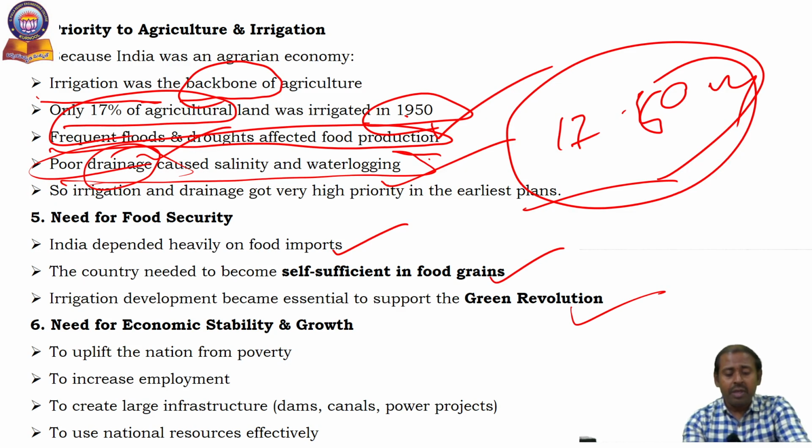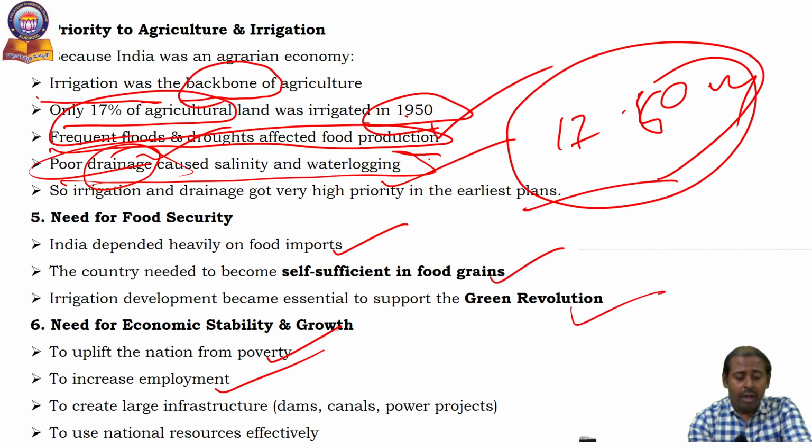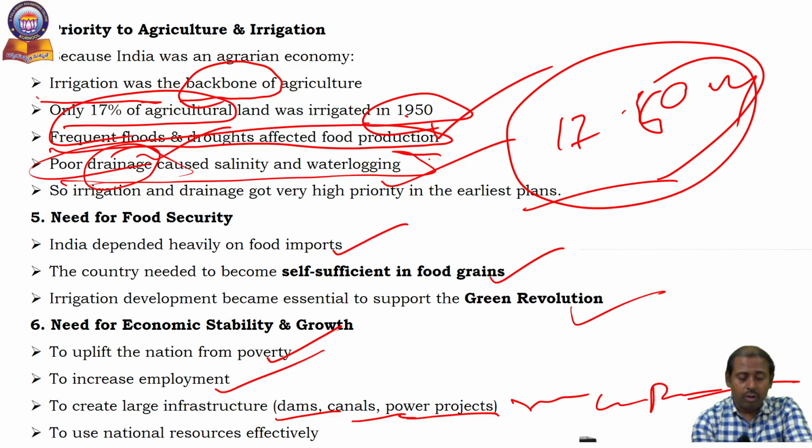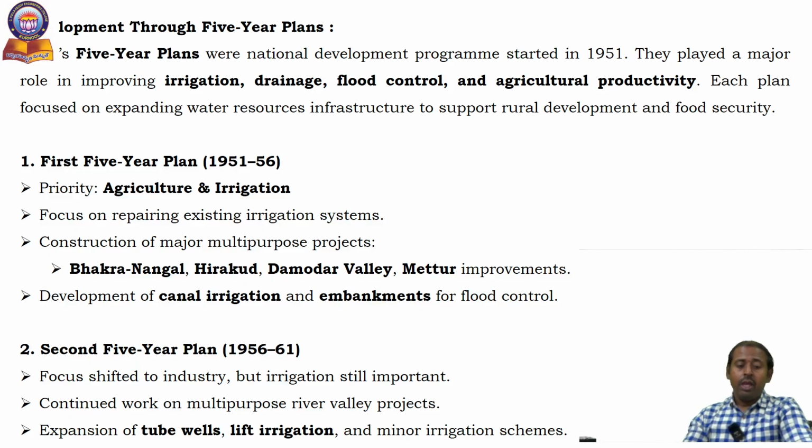Then the need for economic stability and growth: to uplift national income out of poverty, to increase employment, to create large infrastructure, that is dams, canals, power systems, reservoirs, pipelines, all these systems. And to use national resources effectively.